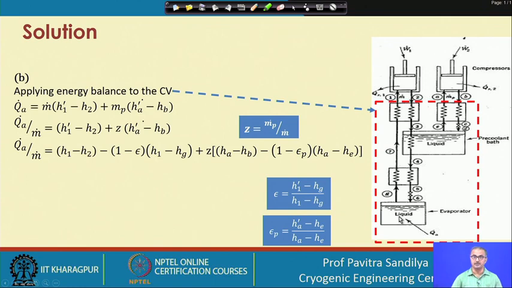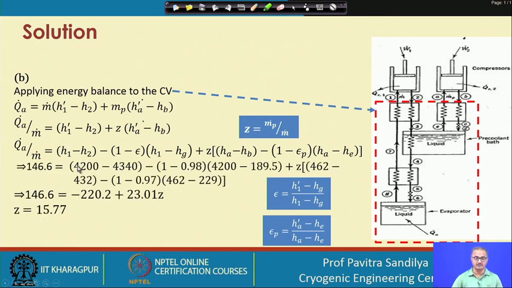So we are considering how all the 3 exchangers affect the heat to be taken up by this particular refrigerant. After this, we can see easily that if this epsilon c and this epsilon p are 1, then the amount of heat that can be absorbed will increase. Because of the ineffectiveness of the heat exchanger, the amount of heat to be absorbed is decreasing.